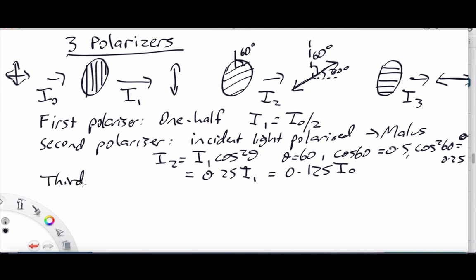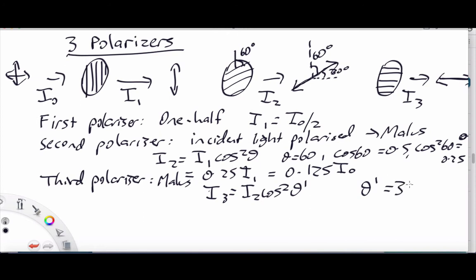So the third polarizer, Malus's law again, because it's polarized incident light. So that means I3 equals I2 cos squared theta dash. I'll call it theta dash because it's a different angle. Theta dash equals 30 degrees.